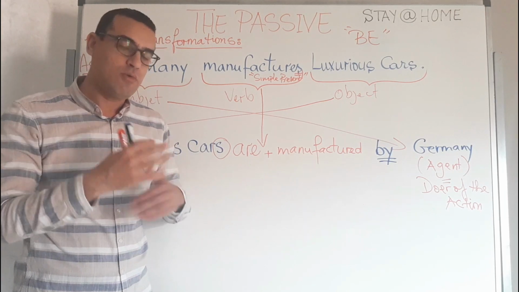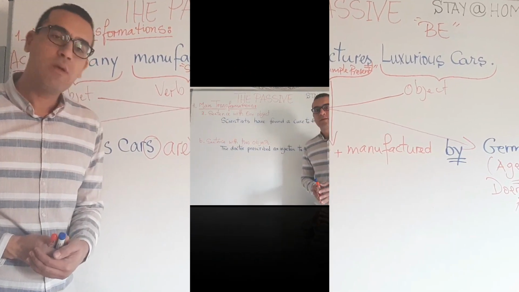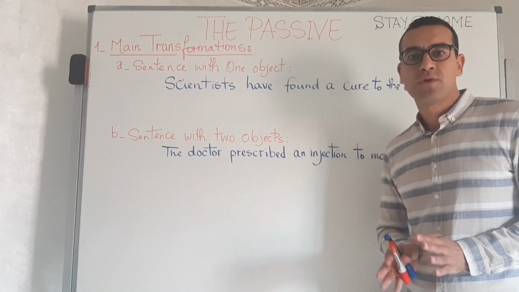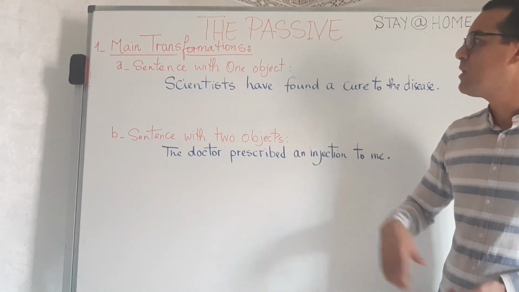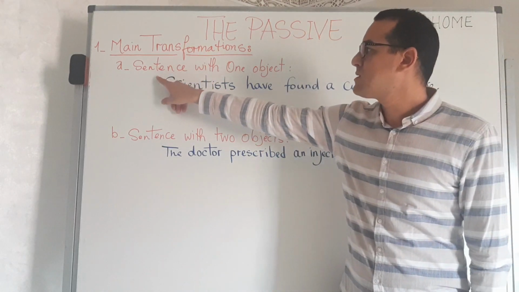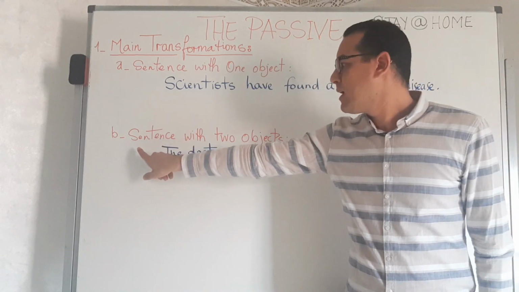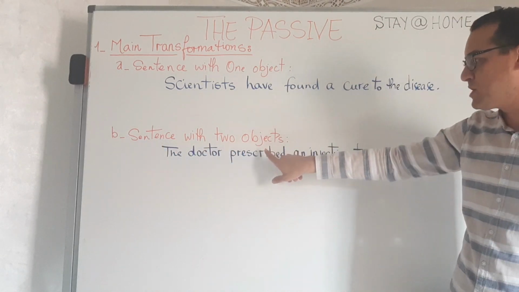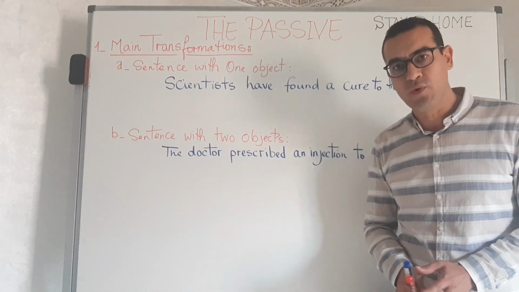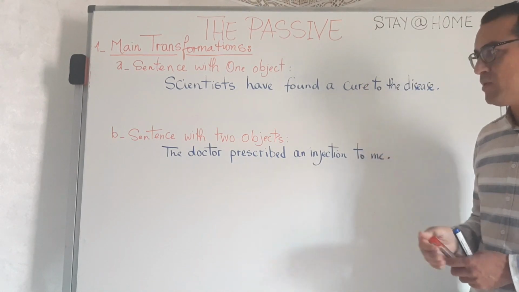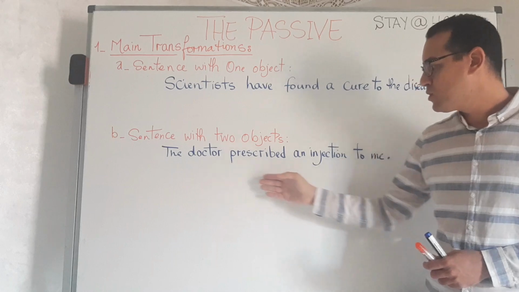Now we're going to move into more important things. Now we're going to talk about another important rule that you have to pay attention to. As you can see here, we have a sentence with one object and a sentence with two objects. We're going to see how we transform sentences with one object, and sentences with two objects.